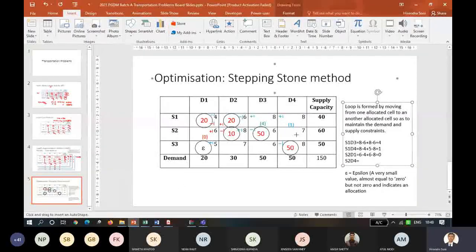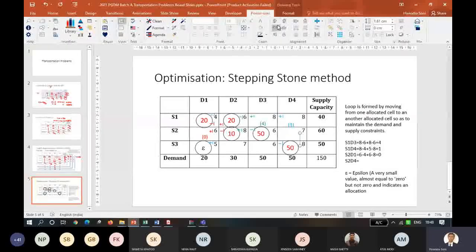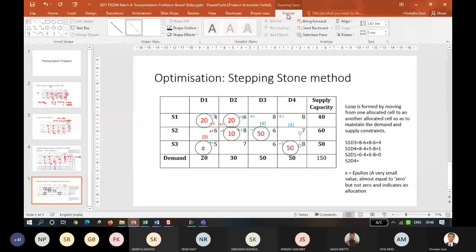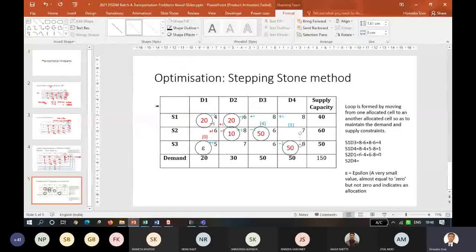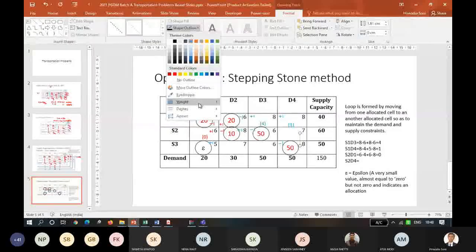So if I start from here to here, correct? इसका कलर कुछ ऐसा करते हैं so that it is visible to all. And again, since I want it to be dotted, थोड़ा सा thick कर देते हैं. I will increase the weight.